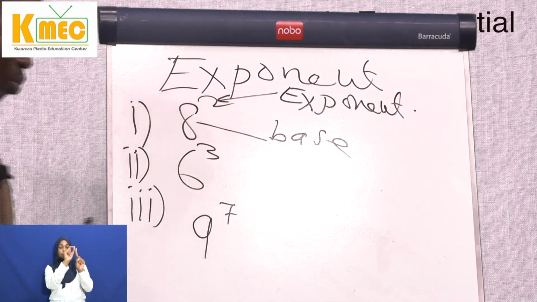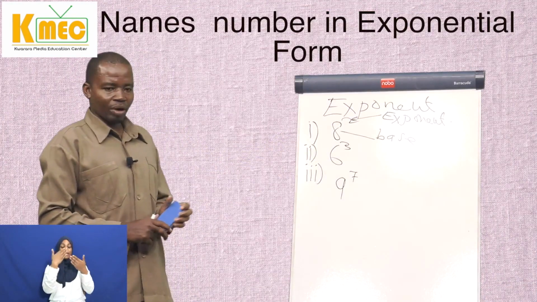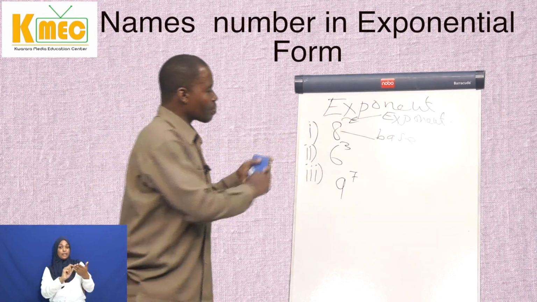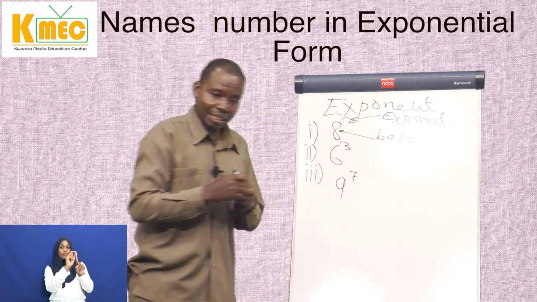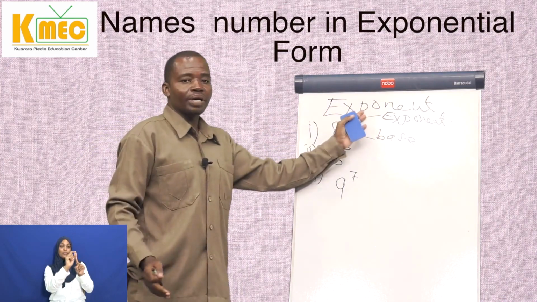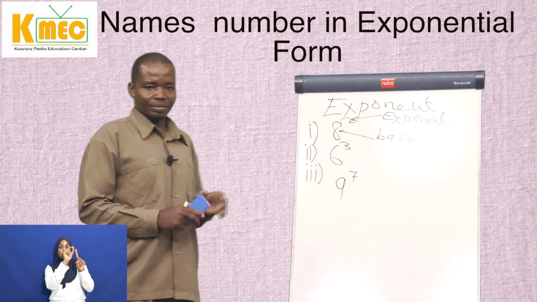Whenever we write a number in exponential form, there is a base and an exponent. The bottom number is called the base, and the top number is called the exponent of that expression.